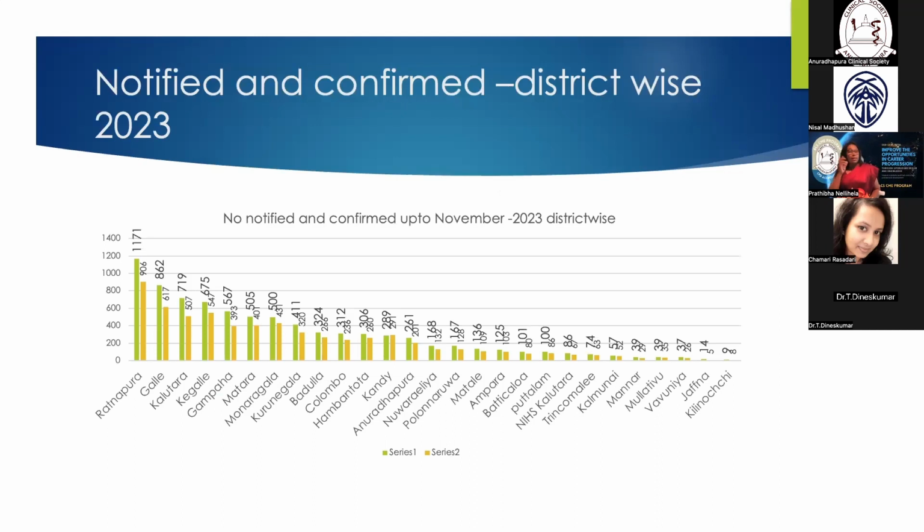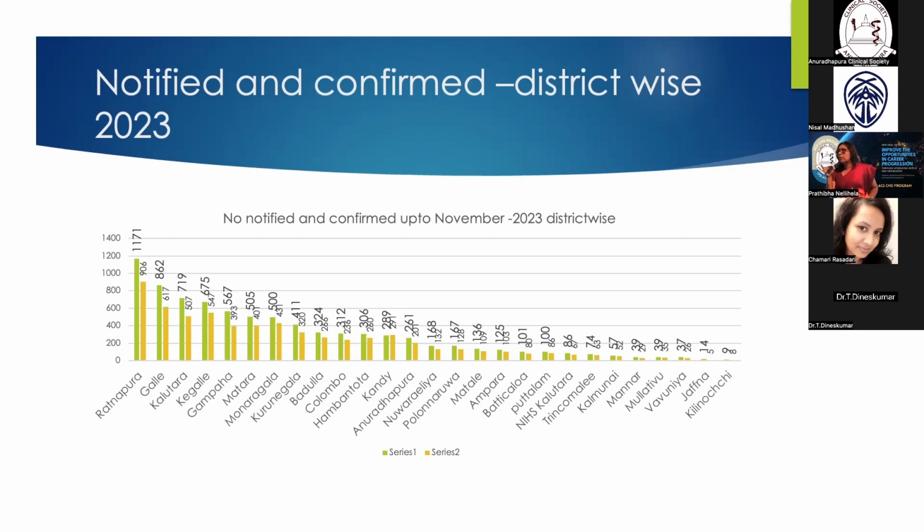So here you can see I have compared two things. One is called notified count and the confirmed count. So as you all know, from the hospital, when there is a leptospirosis case clinically on suspicion, you can notify the case.